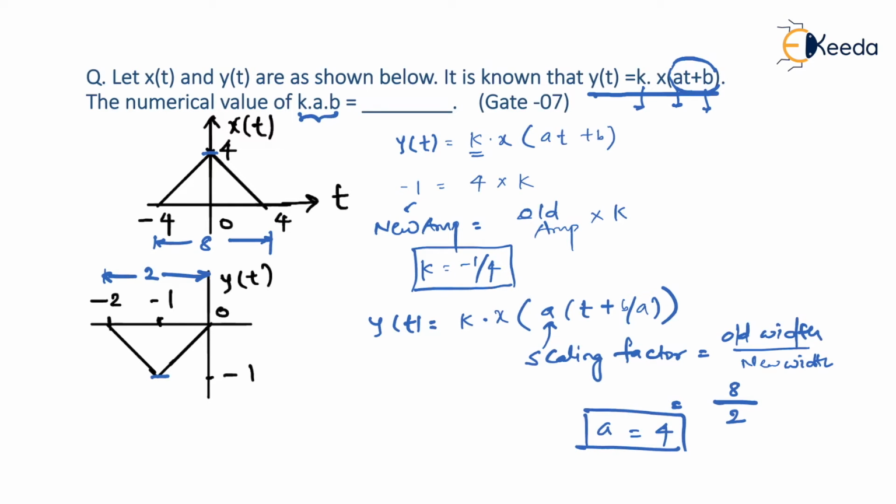We have to take the product of k, a as well as b. So what is not known to me is b. I'll try to figure out how to get b now. I'll copy the previous x of t here. It is present from -4 to +4, having amplitude 4.